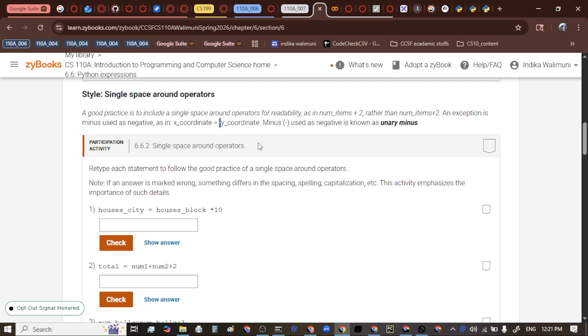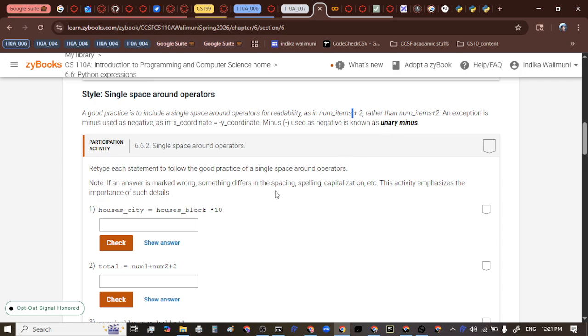So for the unary minus, you should not put a space between the operator and the operand. But usually in a math expression, like this one, you put a space between operands and operators. So it's style guidance.